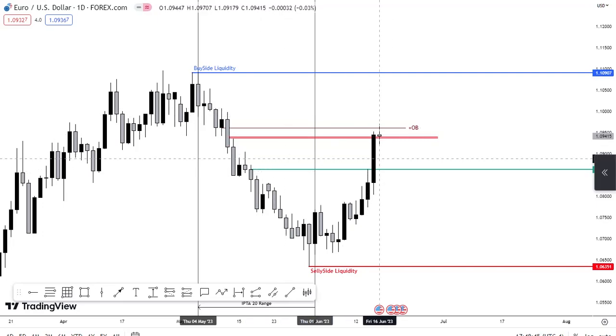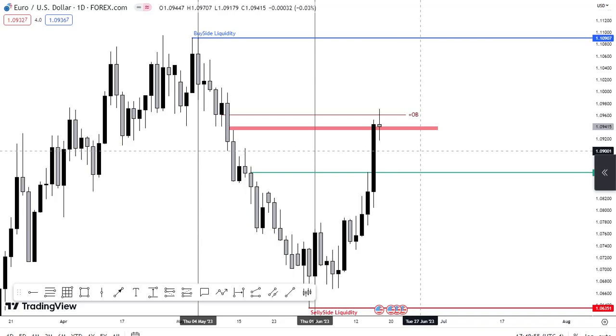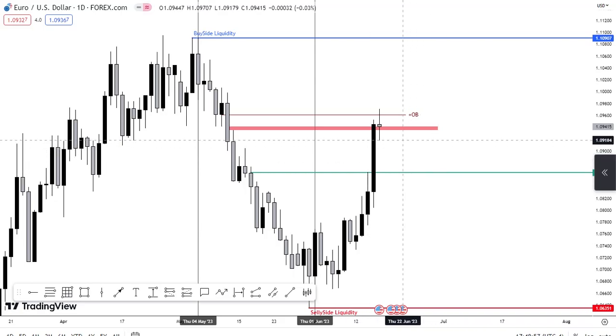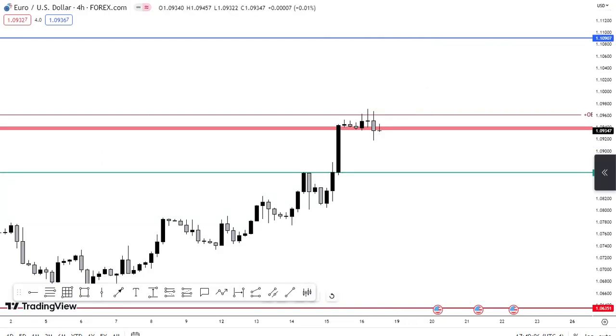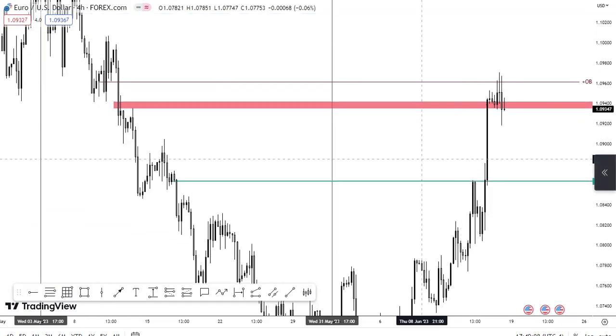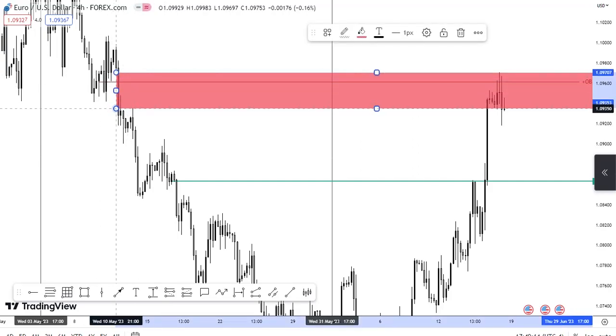And bear in mind, in order for price to react off any of these levels within the premium, change of character has to be indicated or initiated on a lower time frame. For example, there's the daily. We could potentially go to the 4-hour time frame and then identify and refine this right here into our fair value gap.